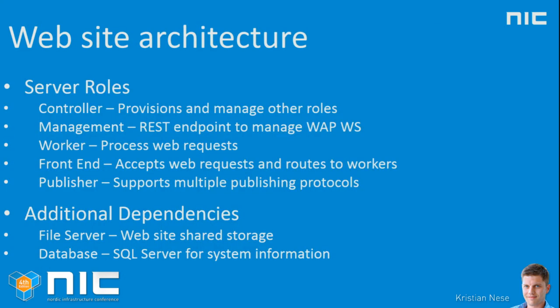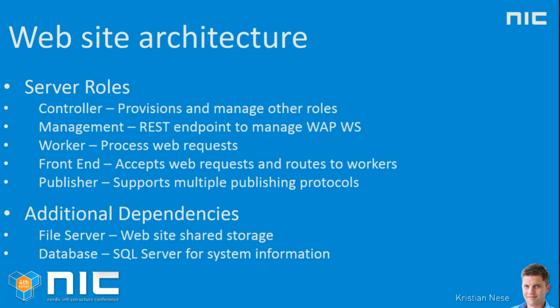So the architecture we need to get this established consists of several server roles. We need a controller. And of course, most of the things there can be highly available and scalable as well. The controller is responsible for provisioning and managing the other roles. We then have a management server, which is the REST endpoint that we connect to the admin API in Azure Pack. We have one or several worker roles.